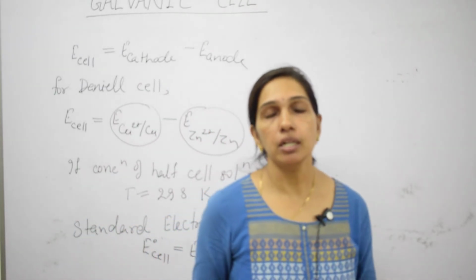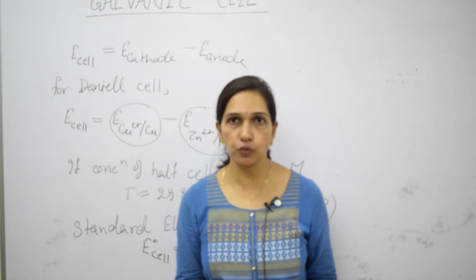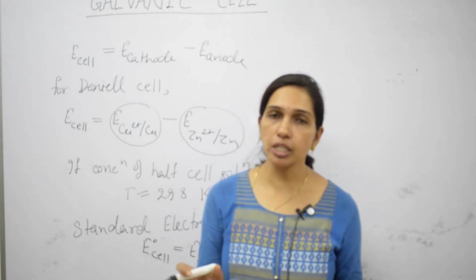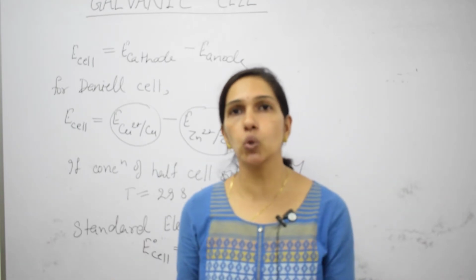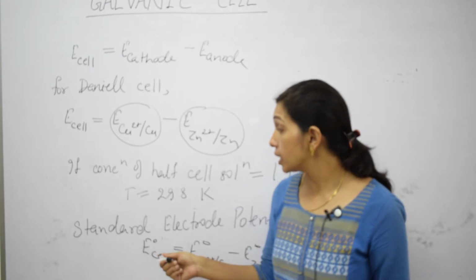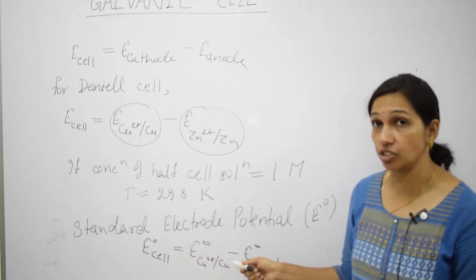From E cell, meaning from the voltmeter giving the potential difference of the cell, we can determine the potential difference between the cathode and the anode half cell, but we can't measure the individual half cell potential.